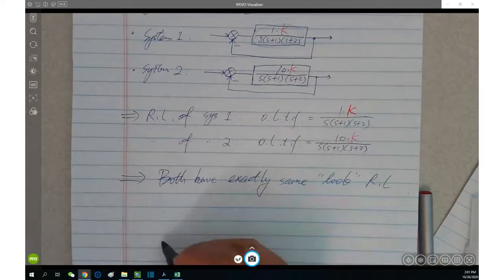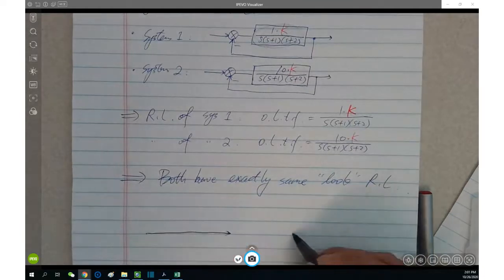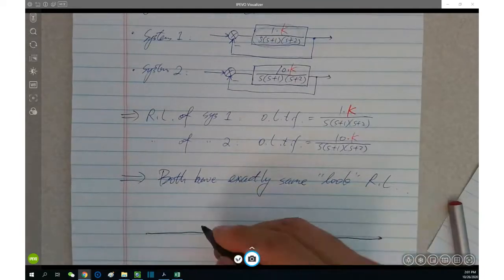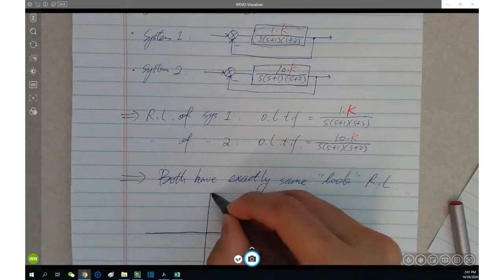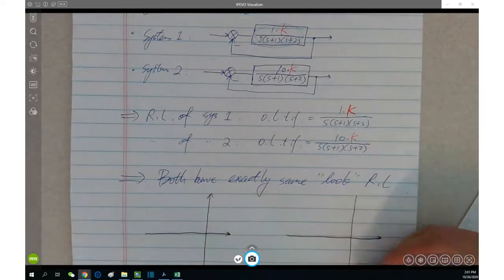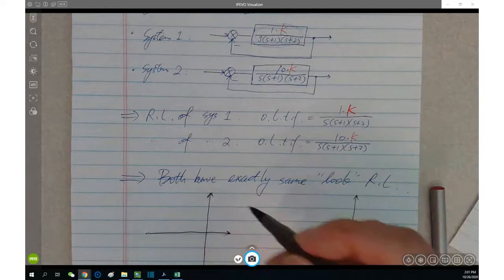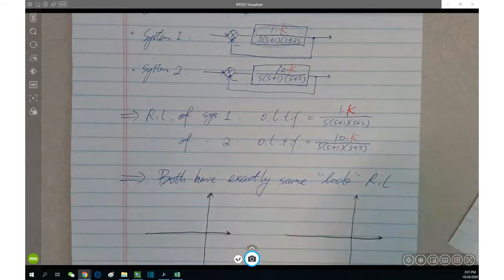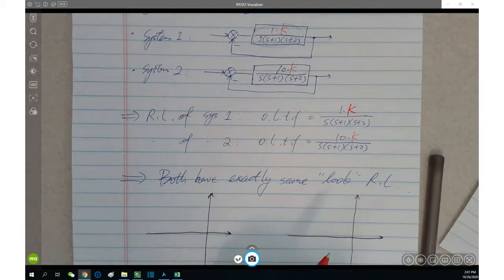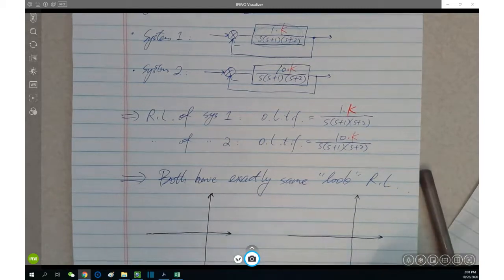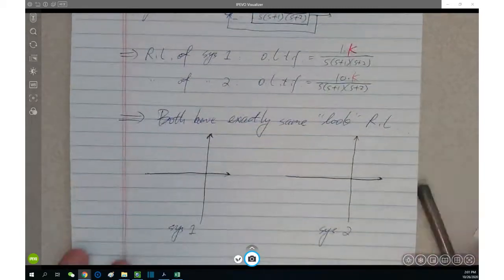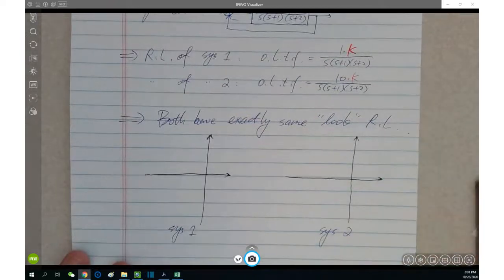So if we try to plot them, let's try to plot them. Okay, no, we are not trying to plot it. We are trying to see it. How to plot it, we are not there yet. So say this is system 1. This is system 2. Let's see how they are the same. We are locating the poles.